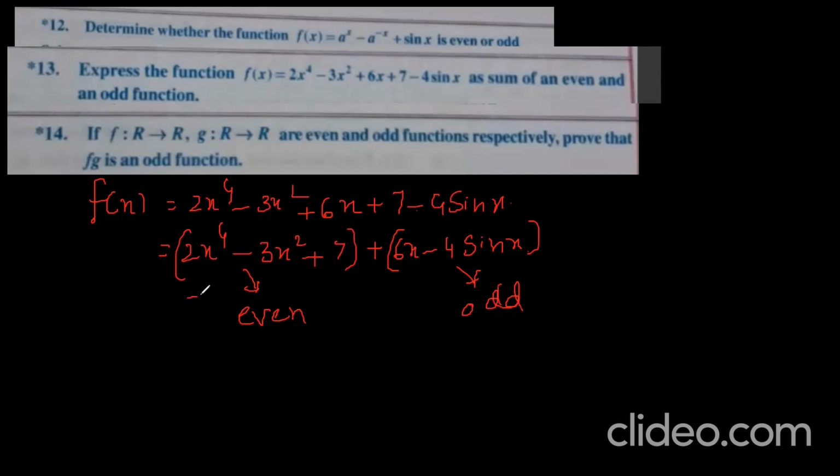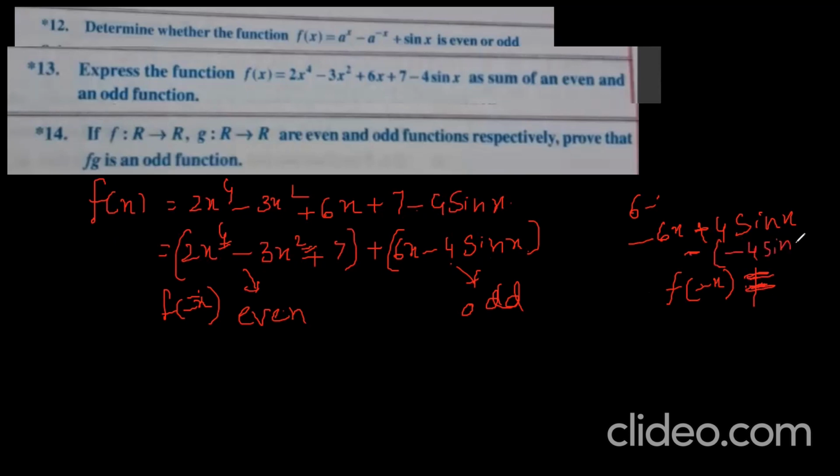Why? If you take minus x, f of minus x, you are getting the same thing, because all are even powers, so you get positive only. But for this, if you take minus 6 into minus x, that is minus 6x, and minus 4 into sine of minus x, which is minus sine x, that is plus sine x you are getting. So f of minus x is, if I take minus common here, minus 4 sin x plus 6x.